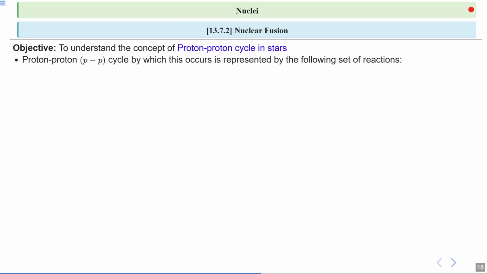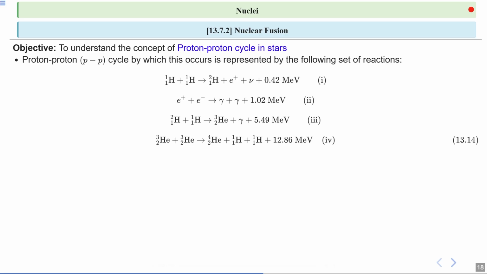This is the main set of nuclear reactions that allow stars to fuse hydrogen atoms together. Notice that these reactions involve protons, which are the nuclei of hydrogen atoms, coming together under extreme conditions inside stars. Let's see the first reaction, where two hydrogen nuclei combine to form a deuteron along with a positron and neutrino, releasing 0.42 mega electron volts of energy.